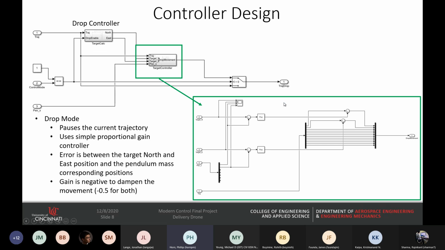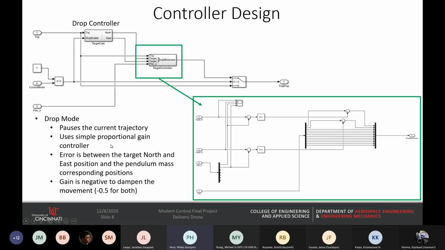When we look at the drop controller, essentially drop mode enables the controller to pause the trajectory. So wherever you stop it, that's where it's going to set the target. So it'll give a north and east target straight down from the quadrotor. In reality, this could be anything, but that just made it easiest for us to simulate.